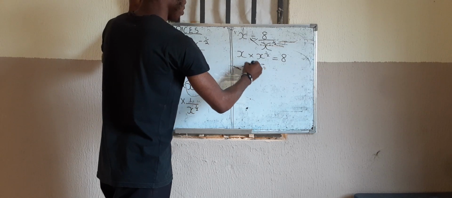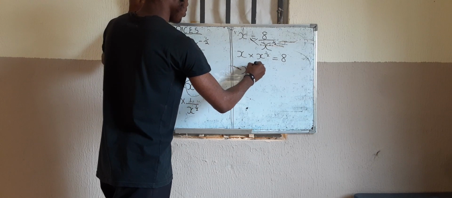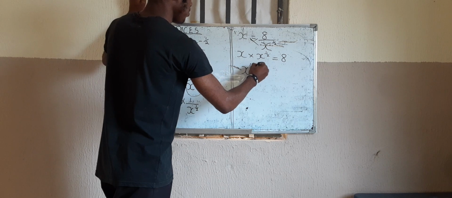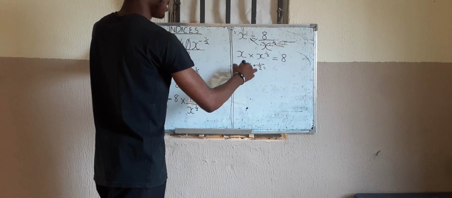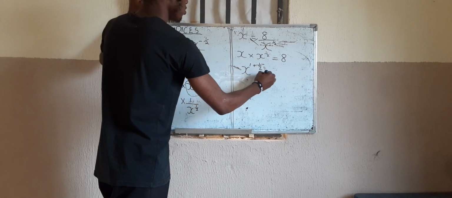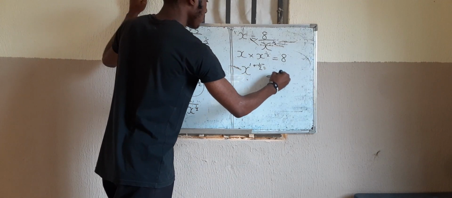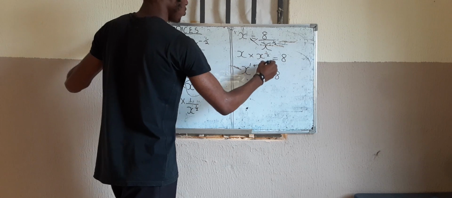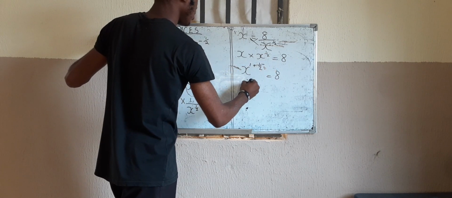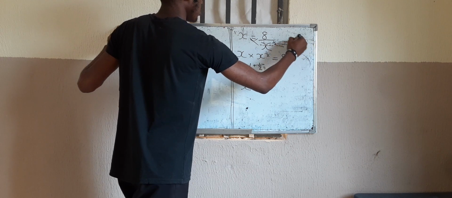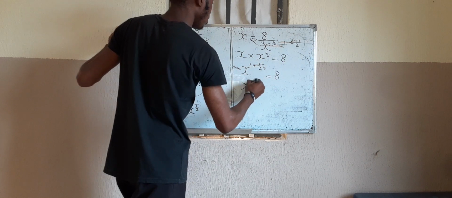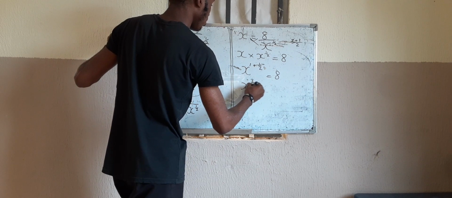So we have 1 plus, you take one base and then add the powers. So x is the same as x raised to the power of 1. So this is a fraction. We add them. When you add them up, you are going to be left with 3 over 2.